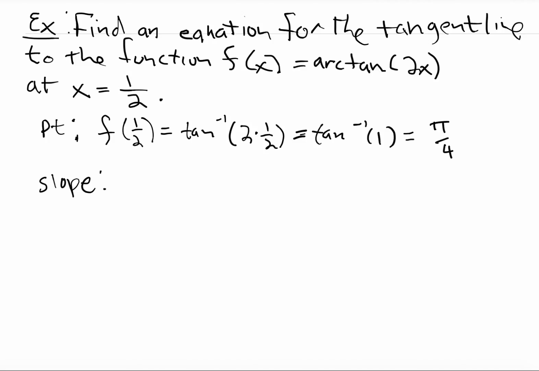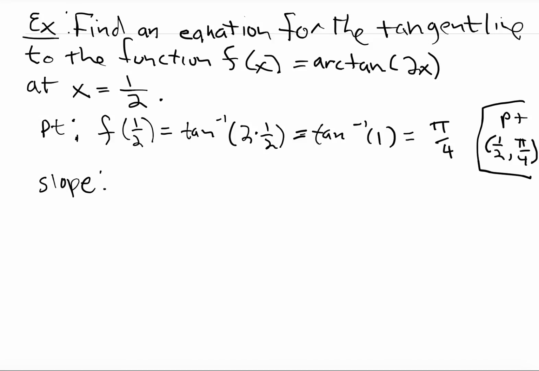If the angle that we take to get a tangent of 1 is pi over 4, the inverse function should send us backwards. So instead of from pi over 4 to 1, it'll send us from 1 to pi over 4. So this is going to give me a point over here. I'll go ahead and make this note. My point is going to be a half, pi over 4.